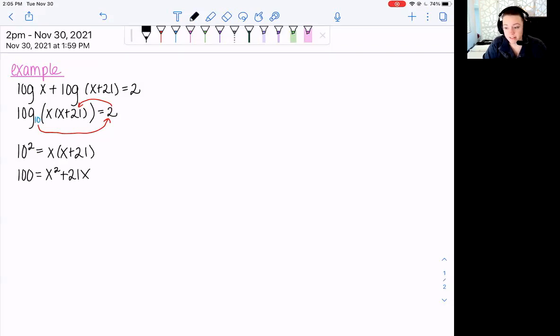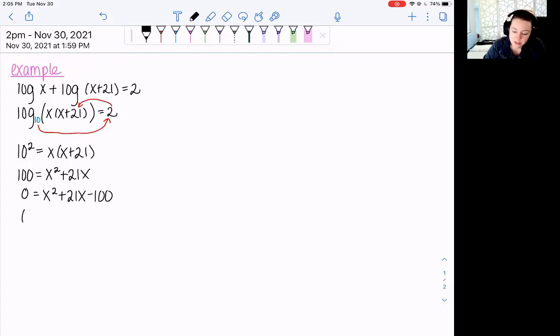This is going to be a quadratic, so we want to get everything on one side. I'm just going to move the 100 over by subtracting 100 on both sides. And then we need to factor this. I'm going to rewrite the factorization on the left side, because I'd rather it be the factorization equal to 0 rather than 0 equal to the factorization, just stylistically.